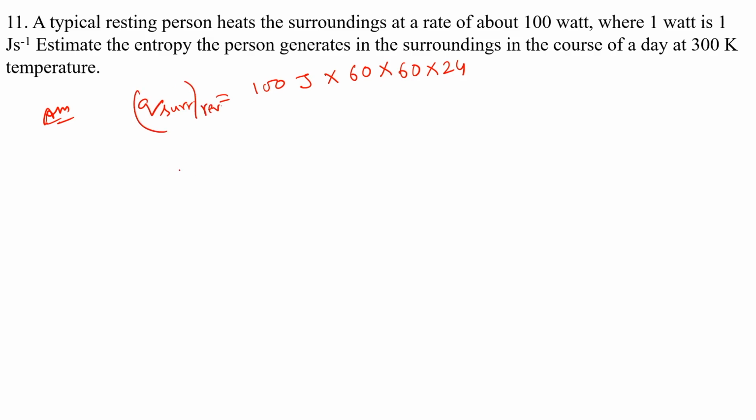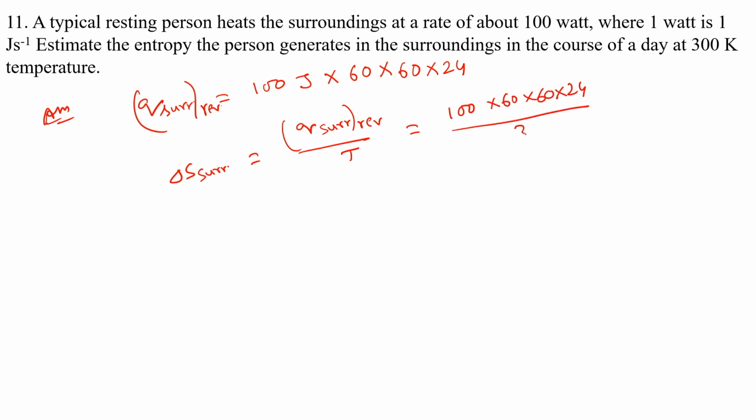So, delta S surroundings is Q reversible by T. So, 100 times 60 times 60 times 24, and the temperature is 300, this is joule per Kelvin. If we calculate this, we get 28.8 kilojoule per Kelvin.